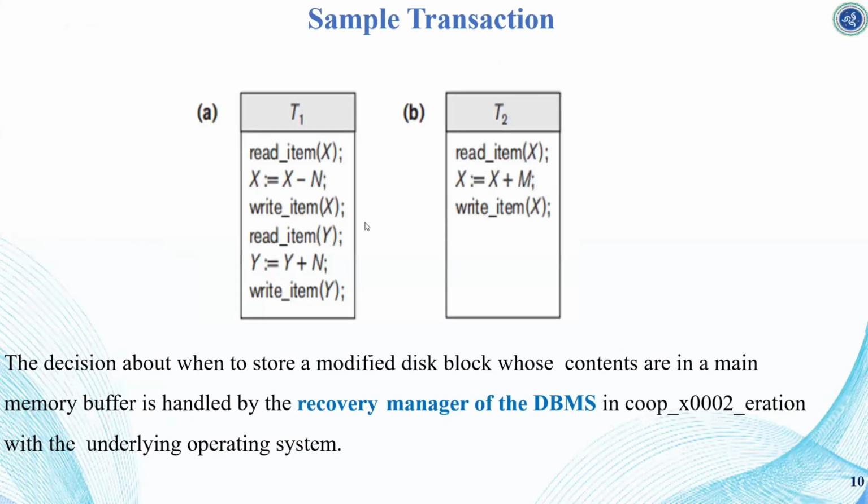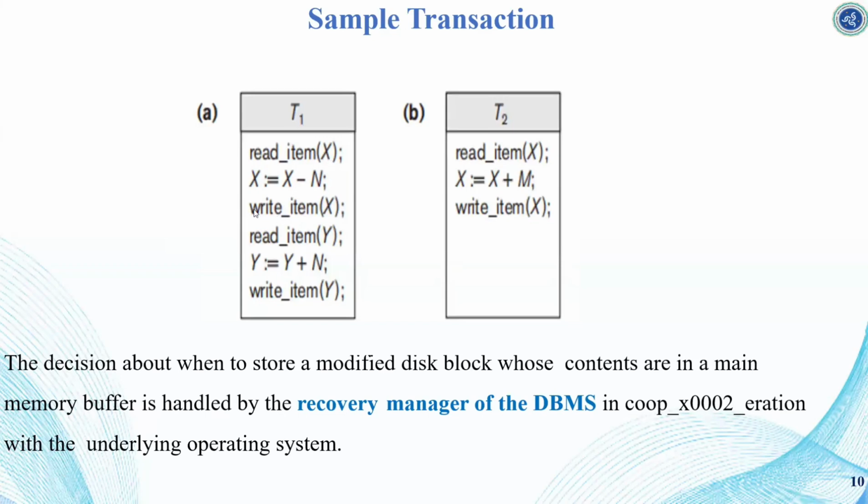So this is a sample of transactions T1 and T2. Here we have various operations: read item and write item. Read item means we are accessing only the data; while reading an item, there is no change in the item X, the value is not updated.